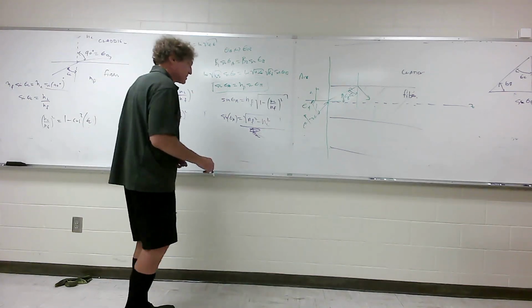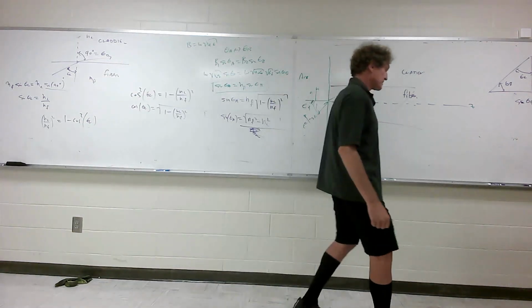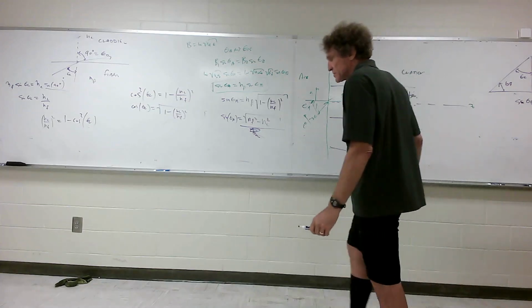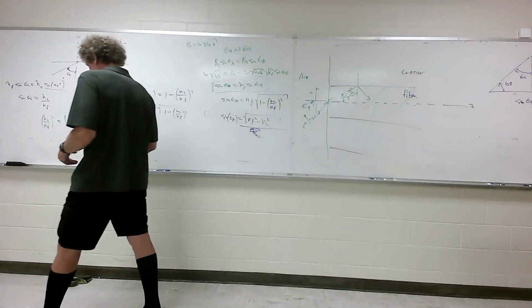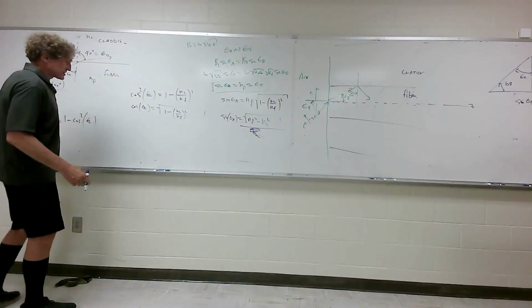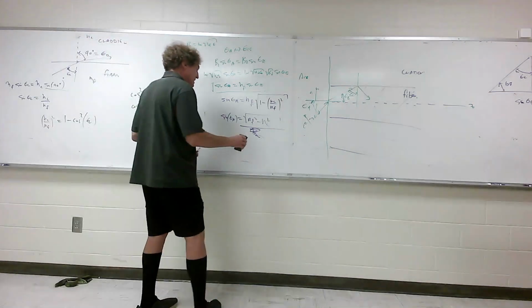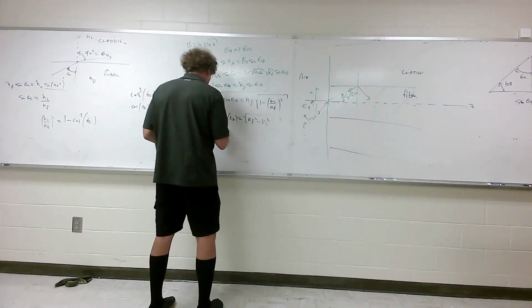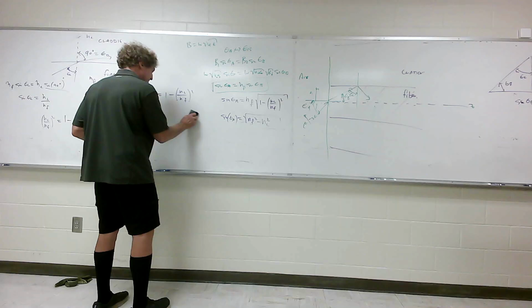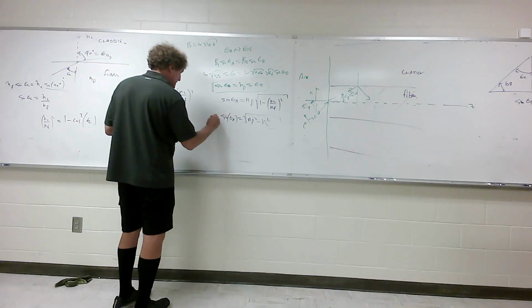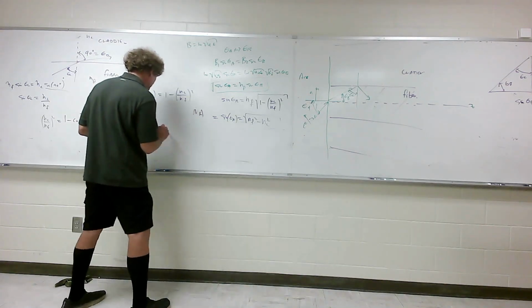Now, that is called the acceptance, the actual symbol for this. It's called a numerical aperture.